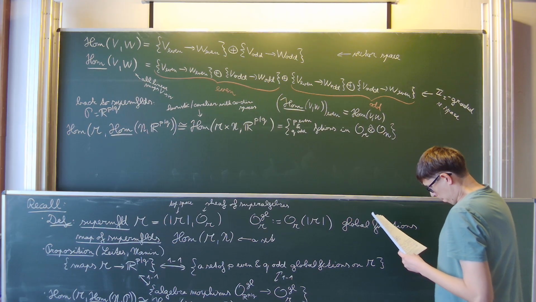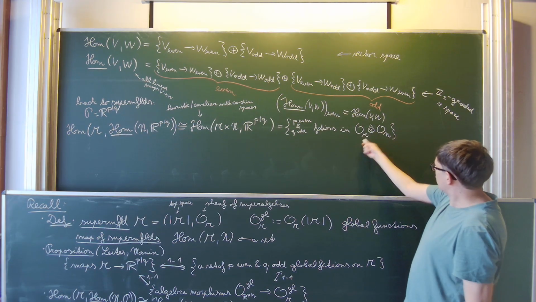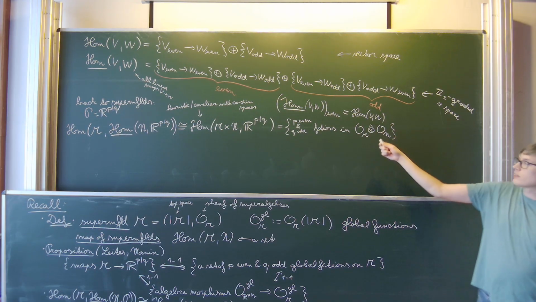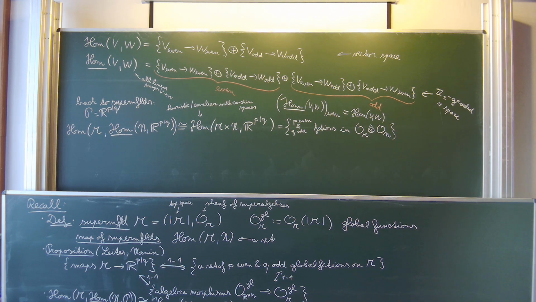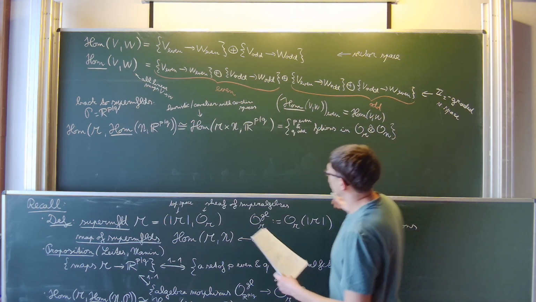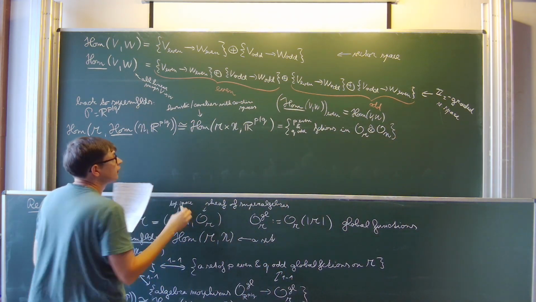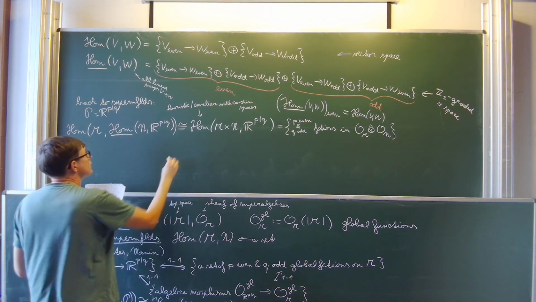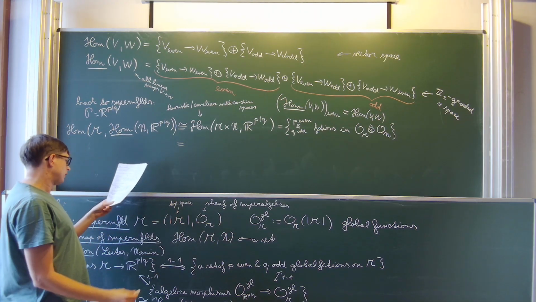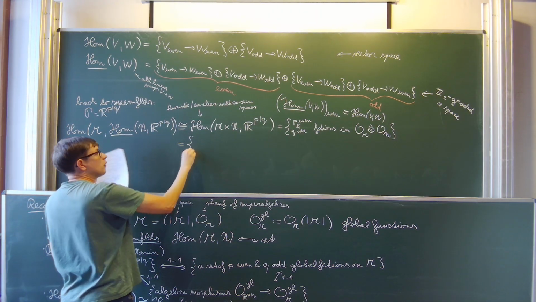Okay, but now both of these things are superalgebras. Both of these things have multiplication and they have this grading. And so we know what even things in here are. So if I continue here, what are the even things?